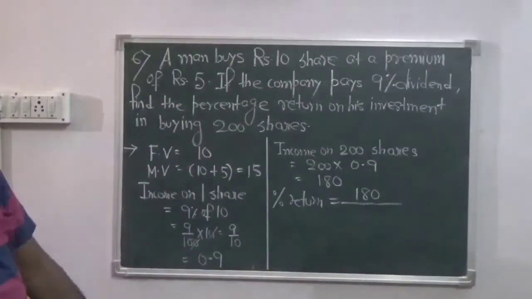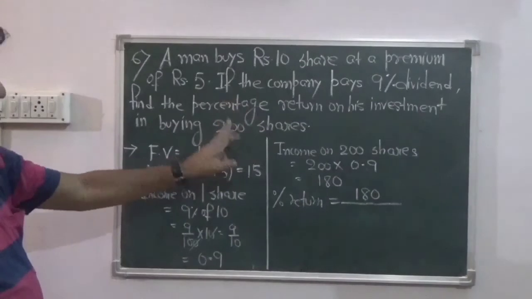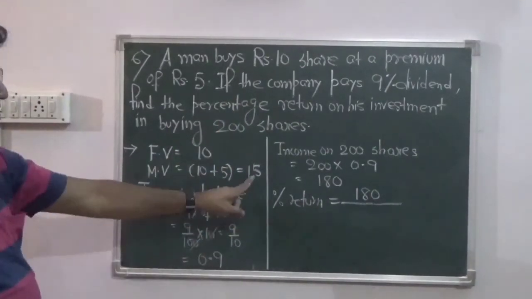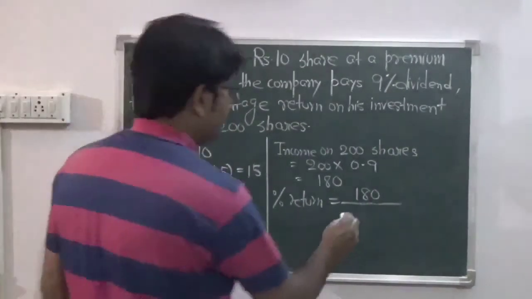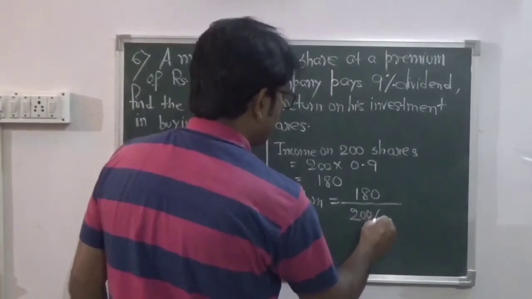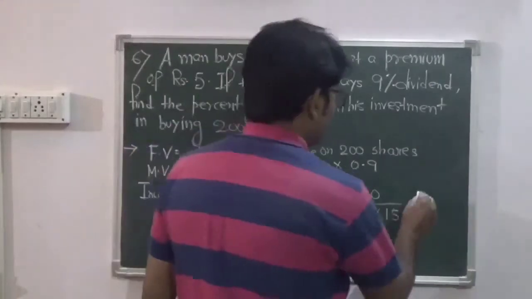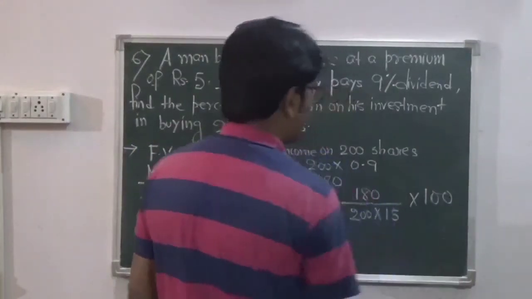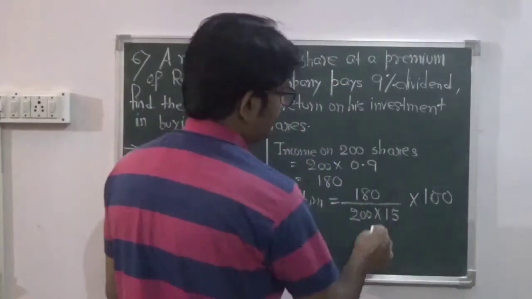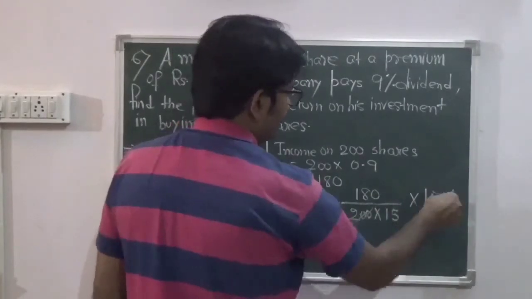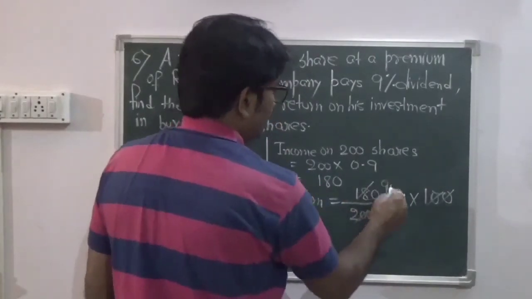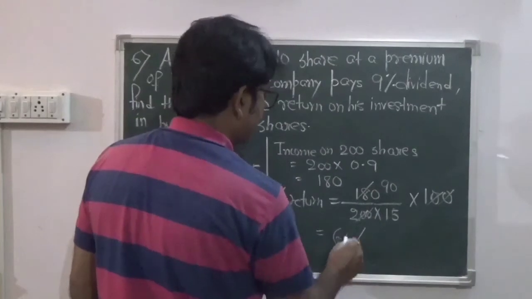What is the number of shares? 200. And what is the market value? 15. So it is 200 into 15, the total investment or the total market value, into 100. So let us check it. That is 6%.